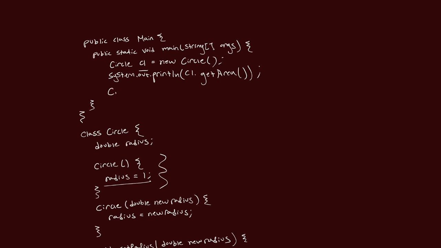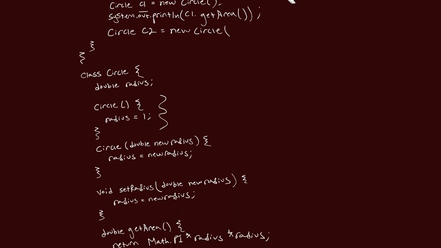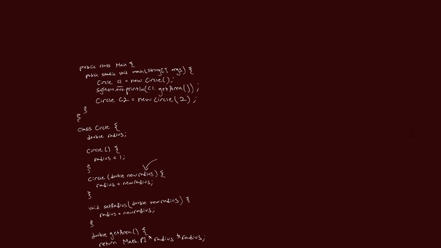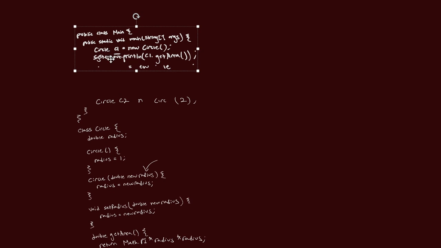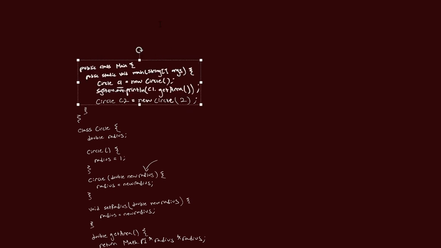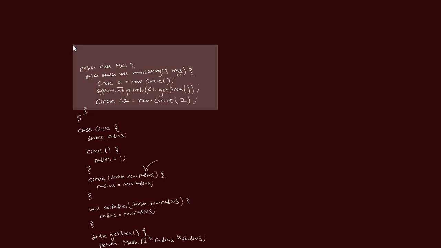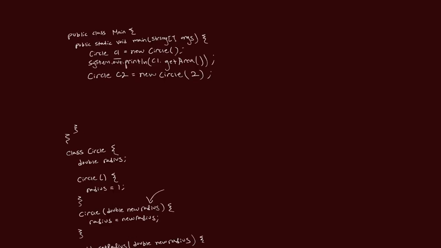And then we can also create another circle called c2. So Circle c2 equals new Circle, and this one, let's declare a new radius. So let's have this radius be 2. Let me just get some space quickly. There we go.